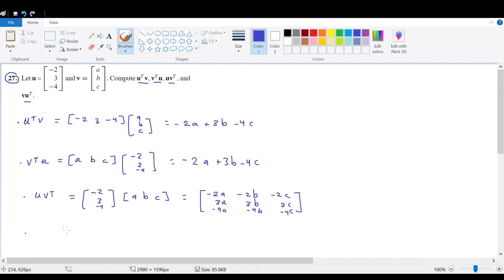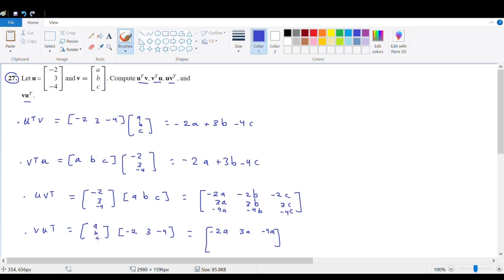Now the last one is v u transpose, that means the vector v, a, b, c, multiplied by u transpose, which is -2, 3, -4. This will give us first row with the first column, first row with the second column, first row with the third column, which gives -2a, 3a, -4a.